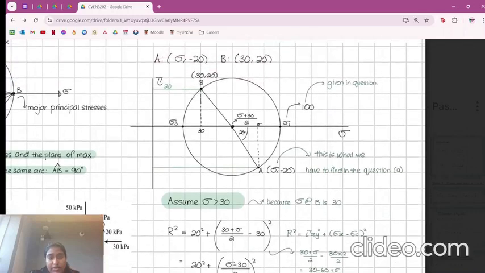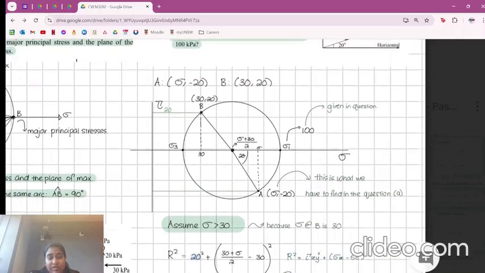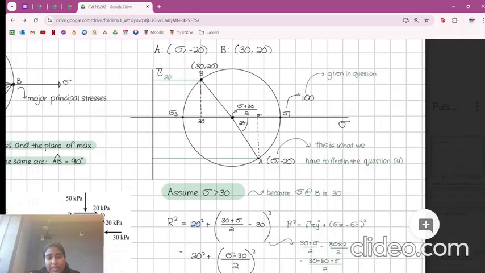This middle point here is going to be our average stress. It'll be labeled as sigma c, and that's a really important value when you're calculating your radius, which, like we said before, is going to equal your maximum shear stress value, right? Which is what is happening here. So that's the formula there. That's going to be on your lecture slides. And what we've done is that we've subbed in the shear stress value, which we know is 20 kPa, regardless of whether it's negative or positive.